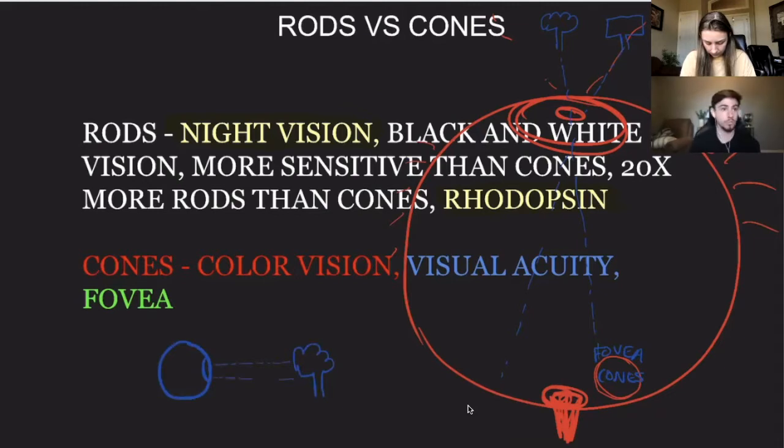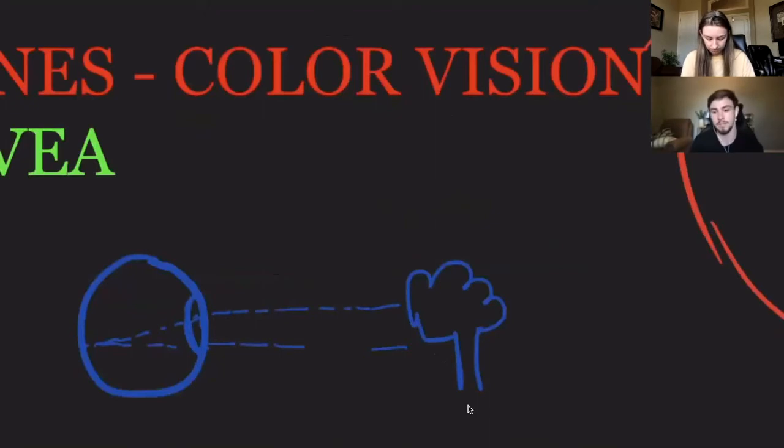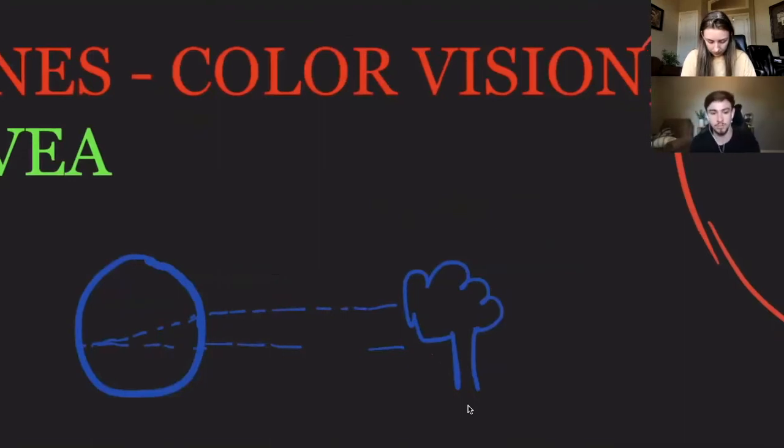Whenever you look straight at something, the curvatures of your cornea and your lens, and of your glasses lens if you have glasses, are all lining up to send those beams of light directly to the fovea, like Maggie's just drawn.